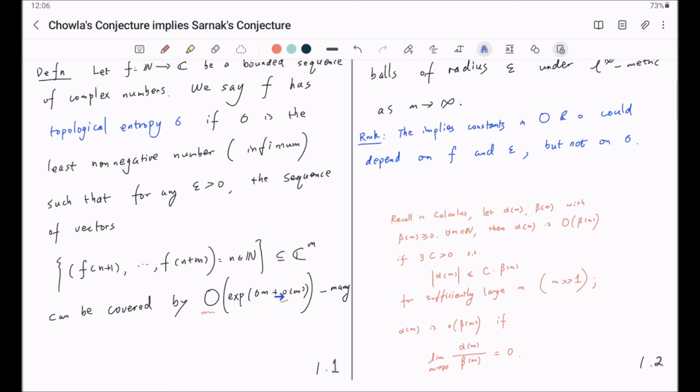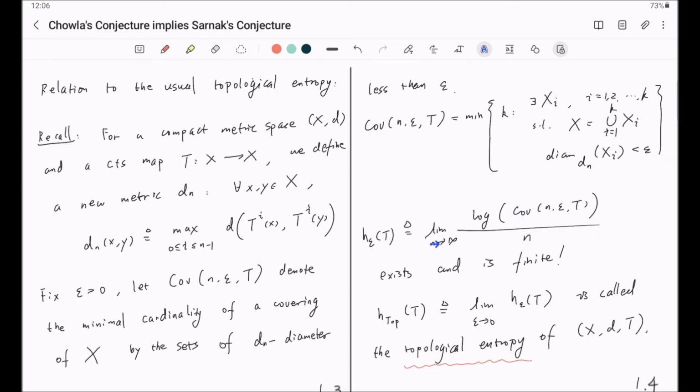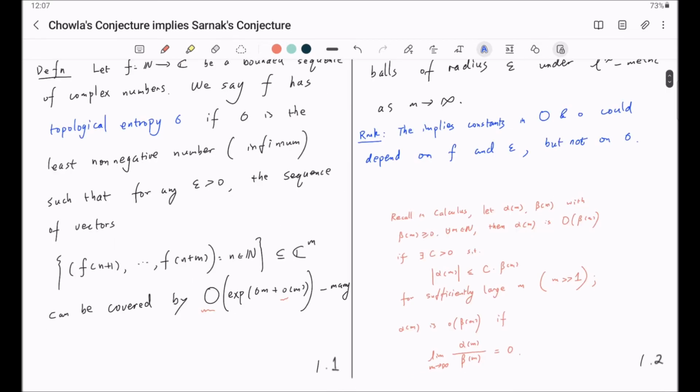Because this part is little omega of m, it will go to 0 when you divide by m, and then m approaches infinity. That is exactly what is going on in this definition. You take the log and you divide by n, which is m in this setting.